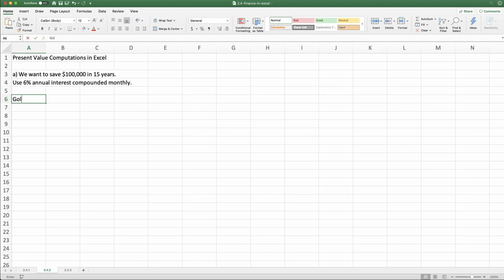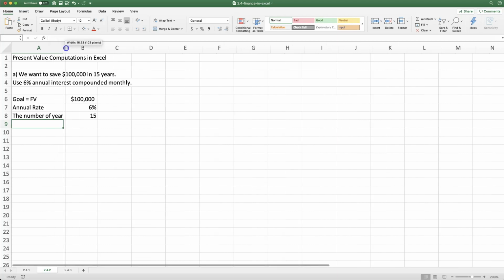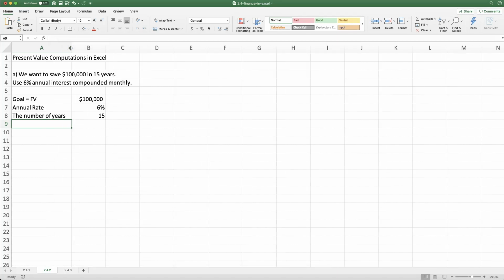Our goal, aka a future value that we'd like to obtain, is $100,000. The annual rate is 6%. The number of years is 15. I'm just going to make this column a little larger to accommodate that long label. The number of periods per year is 12 since it's monthly.